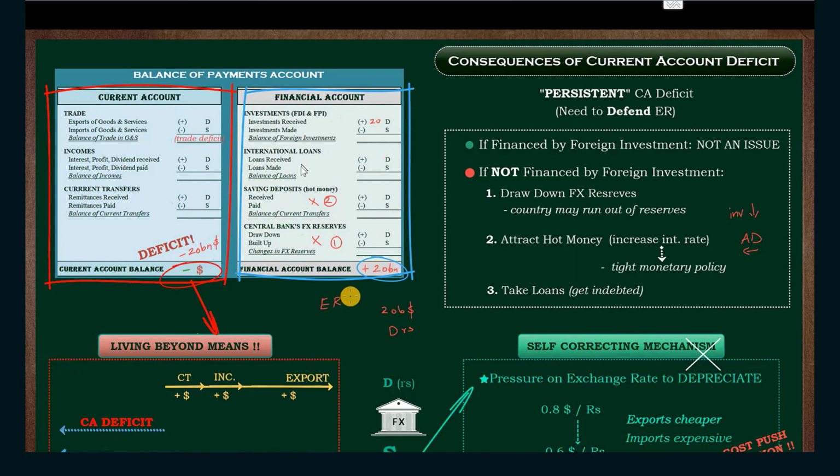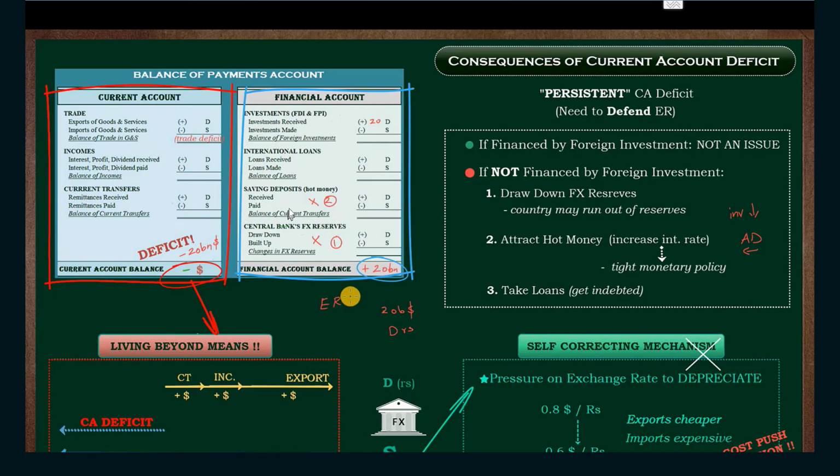So they have to sort of play around with these 3 other sections of the financial account and try to attract dollar inflows to balance off current account deficit. And we saw that each of these 3 different sources of inflows, international loans, saving deposits, central banks' FX reserves, they can work, but they can work for a short time, and then they have their own difficulties.